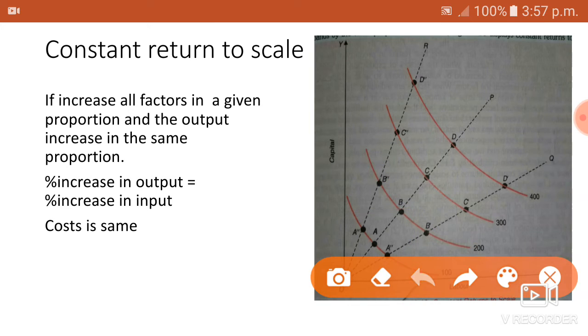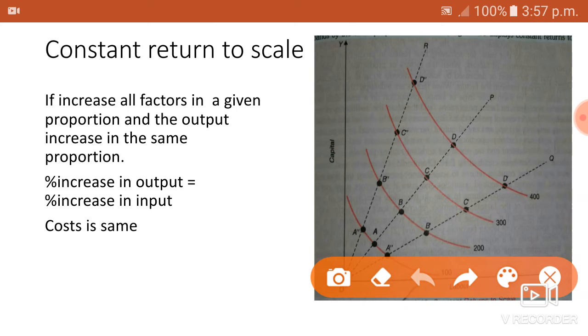When we increase capital to 3 and labor to 3, the production increases to 300. And again we increase capital to 4 and labor to 4, so the production is 400.